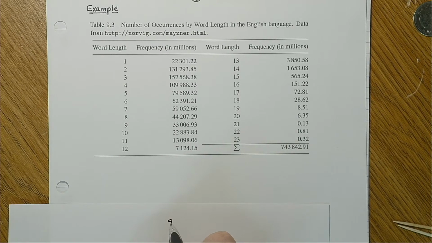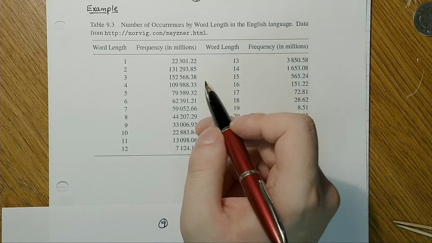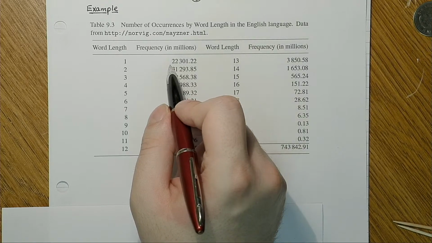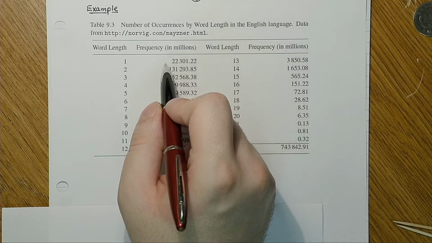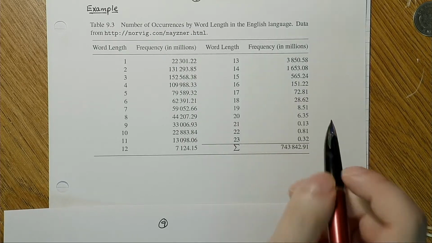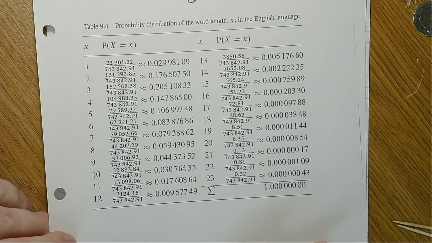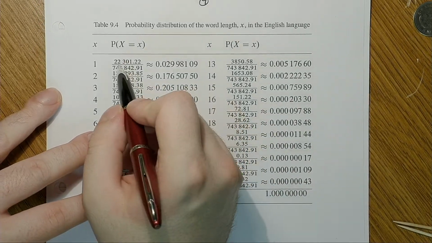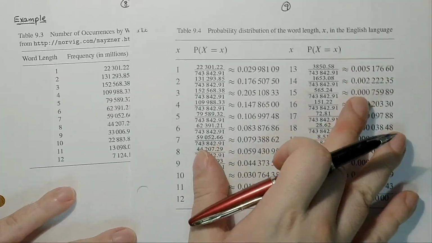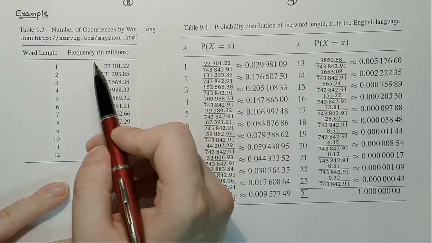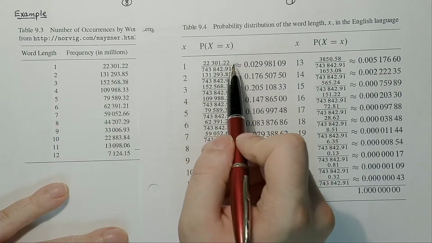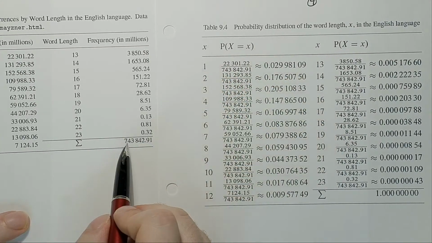And so let me just show you. So I have the frequency, and to get the relative frequency, what I would do is I take the number of occurrences, and I divide it by the total number in the data set. So that's what I've done here. I've taken the number of frequencies, so here it is over here, and we divide it by the total amount.